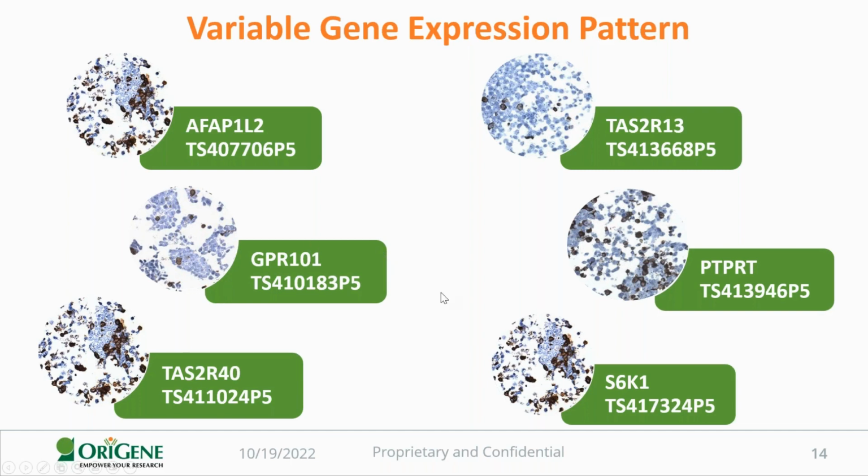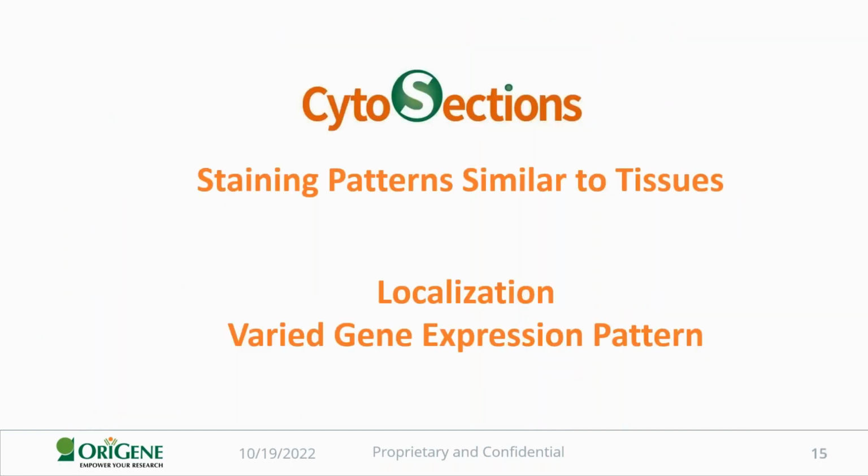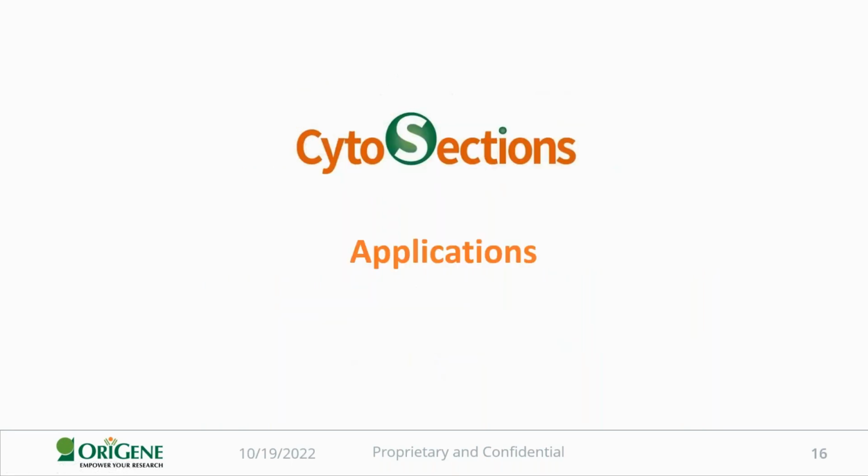What I want to show in this slide is that gene expression varies across different genes. In short, the conclusion is that for the localization we have tested, we can see it, and of course we also see varied gene expression patterns in cytosections.